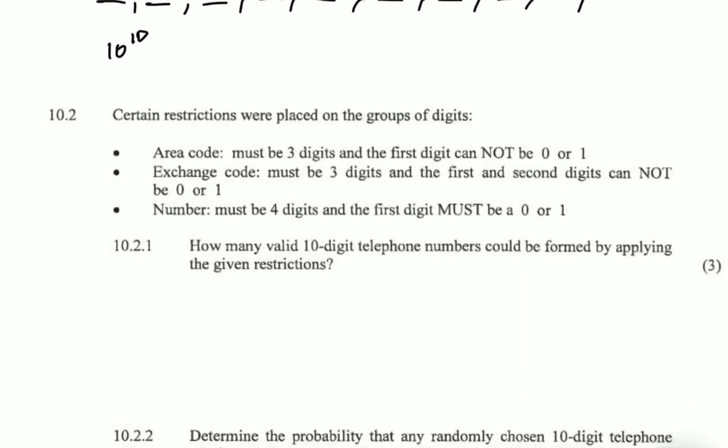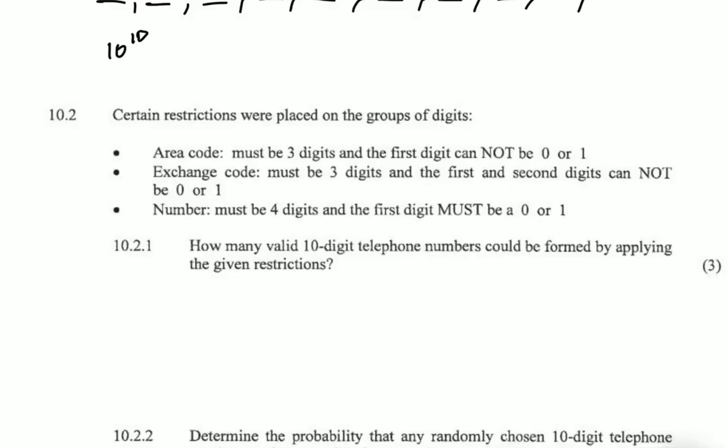Let's carry on. Question 10.2 says certain restrictions were placed on the groups of digits. The area code must be 3 digits and the first digit cannot be 0 or 1. The exchange code must be 3 digits and the first and second digits cannot be 0 or 1.